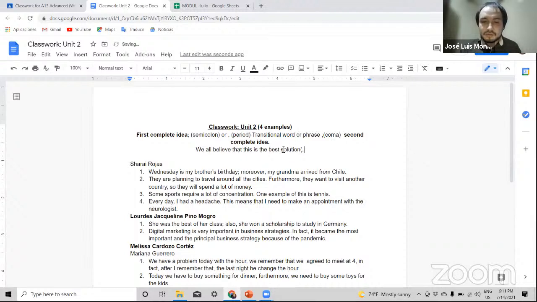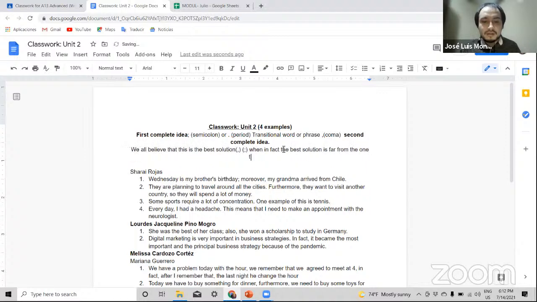I'm going to write the options over here, but they are not needed. When in fact, the best solution is far from the one they mentioned. Something like that, okay? You can use comma, semicolon, when in fact the best solution is far from the one they mentioned.